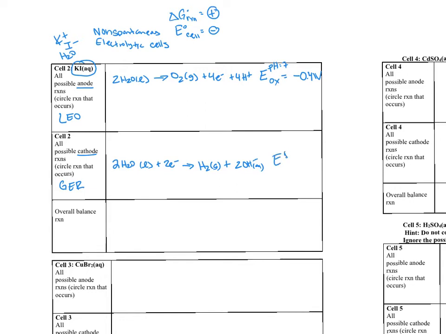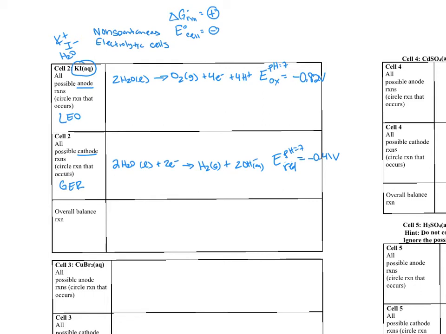And the E at pH 7 for the cathode, I wrote these backwards, so the E ox is negative 0.82 volts, and the E for the reduction at the cathode is negative 0.41 volts.